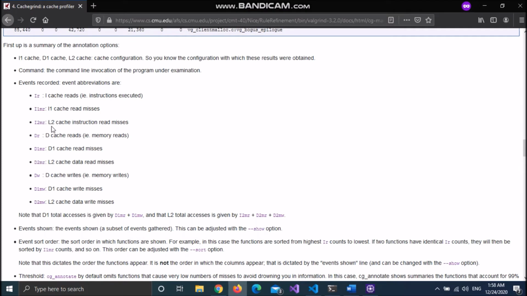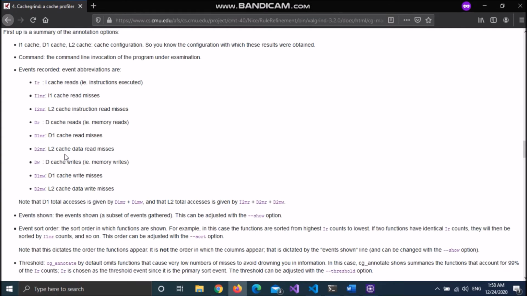I2mr, level 2 cache instruction read misses, and so on and so forth. Dr, for D cache, data cache reads, that is memory reads, and D1mr, level 1 data cache read misses, and D2mr, the metric for data read misses at the L2 cache.